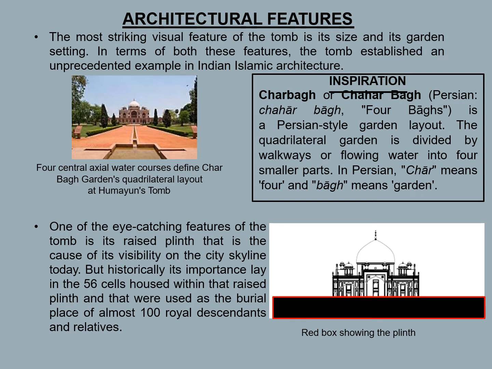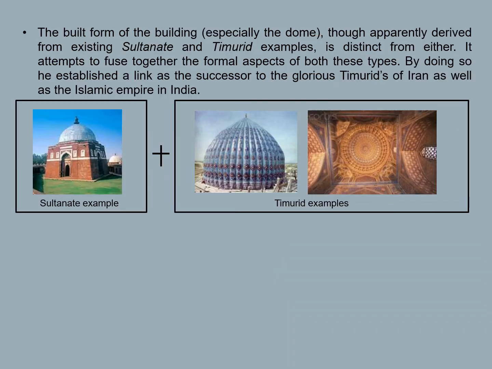One of the eye-catching features of the tomb is its raised plinth that is the cause of its visibility on the city skyline today. But historically, its importance lay in the 56 cells housed within that raised plinth and that were used as the burial place of almost 100 royal descendants and relatives.